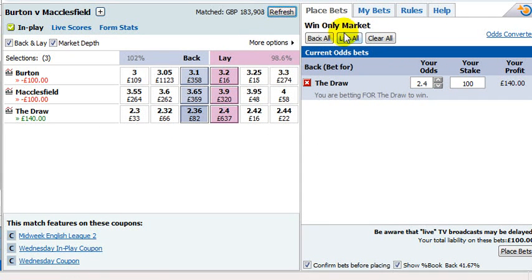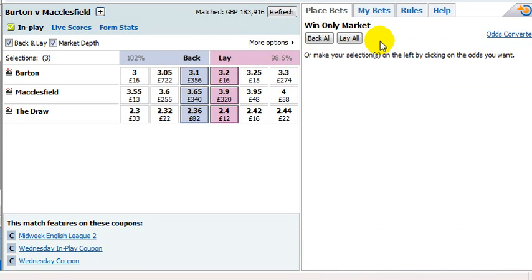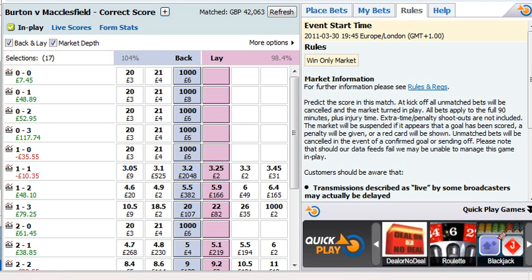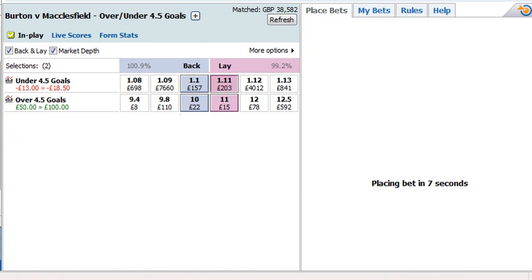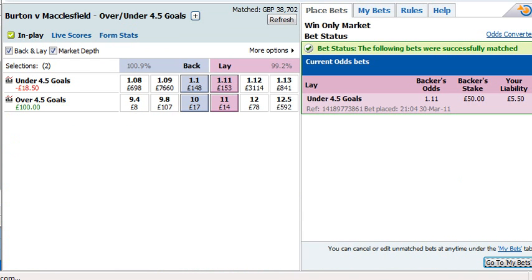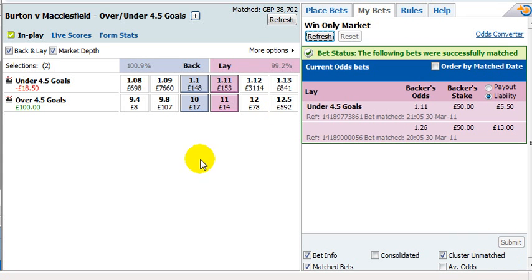Seeing if there's any purchase I can get here by some scalping on the draw. There's a fair amount of liquidity there, and I was a bit slow. I should have been a lot more decisive, really, and taken a price and done a quick kind of scalp on the match odds. I didn't do that.